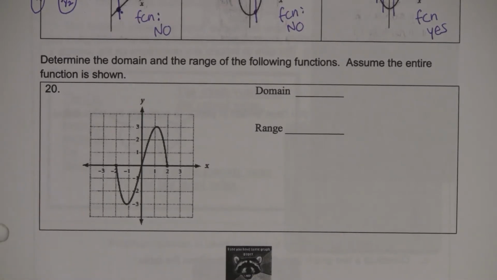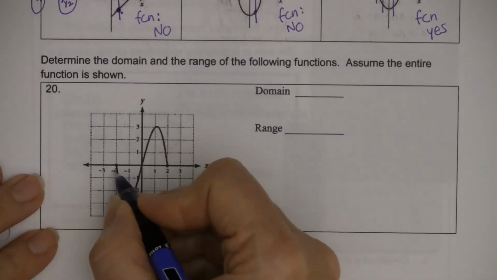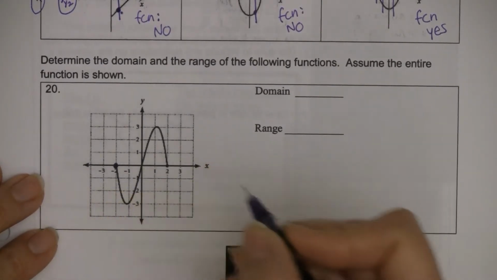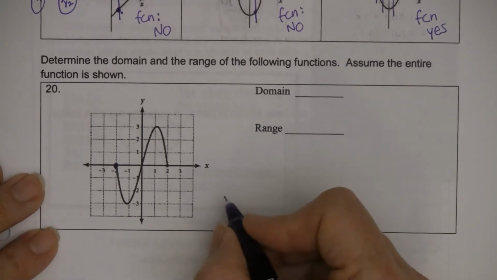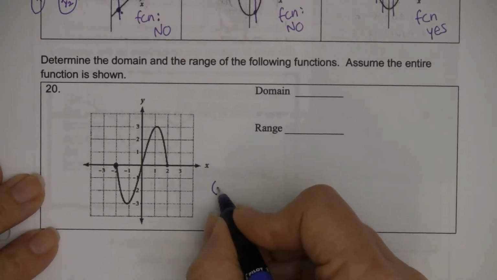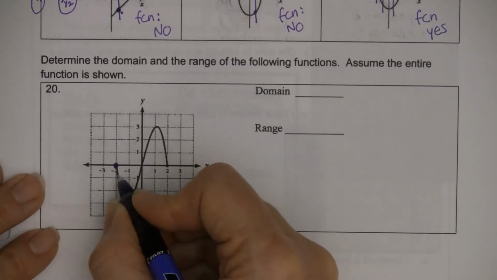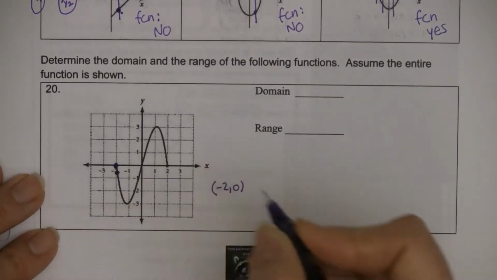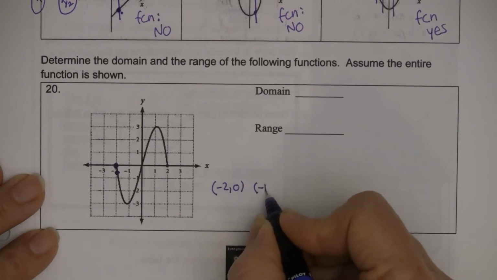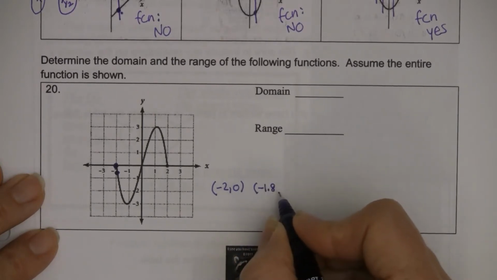So as we look at this and think about the domain, this is a graph, and so we have a lot of ordered pairs, and I'm just going to write these ordered pairs out for an example. So -2, 0 is an ordered pair there, and then we have another ordered pair that's right there at negative 1, negative 0.2, perhaps. Yeah, I'm estimating, guys.